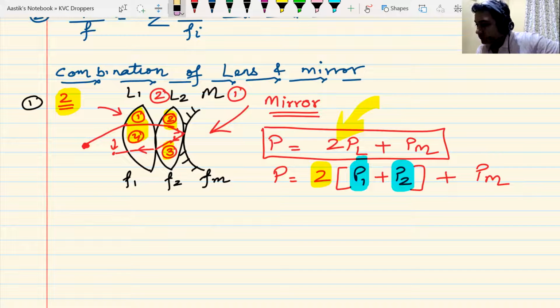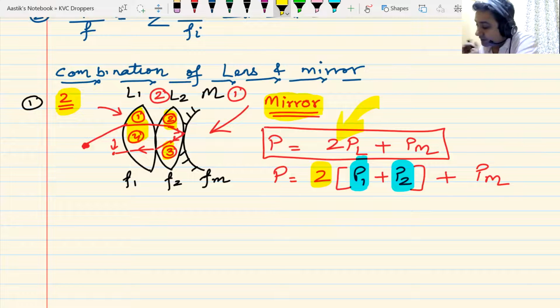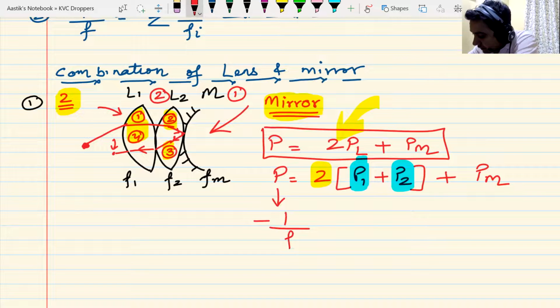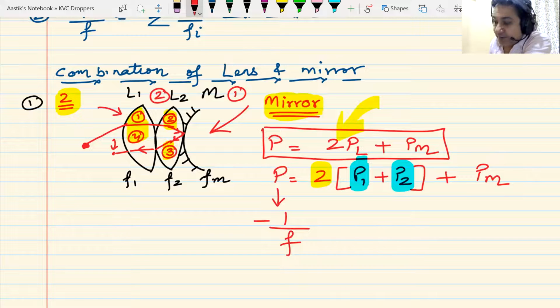Yes sir. Okay. Now remember, this combination behaves as a mirror. Do we understand this? Yes sir. So I can write the power of the mirror as minus 1 by f, where minus 1 by f is the power of the combination.